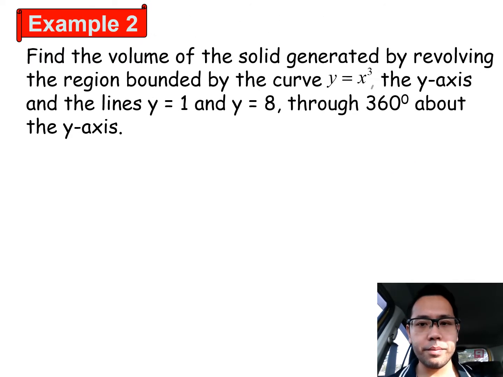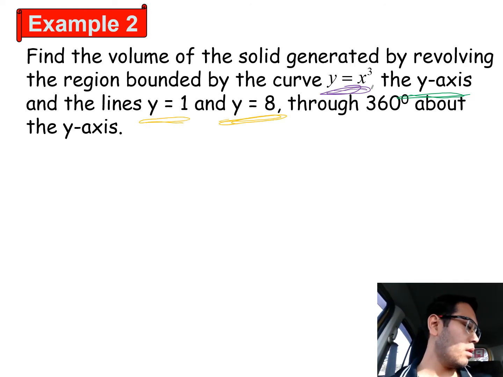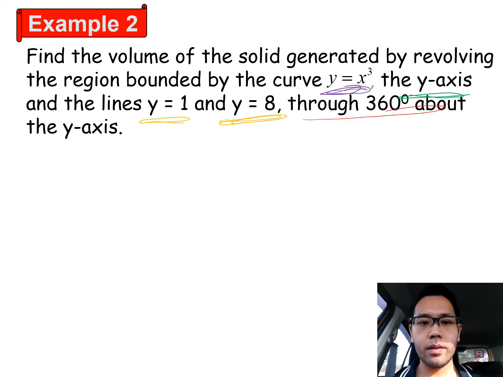Okay, example 2. We have the curve y = x cubed, bounded by the y-axis and the lines y = 1 and y = 8, through 360 degrees about the y-axis.